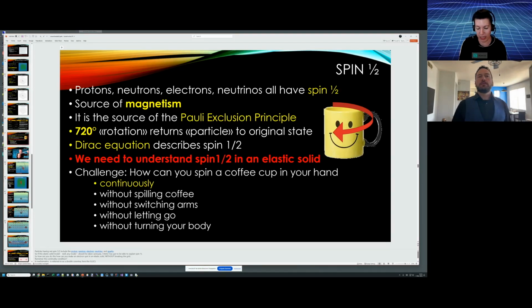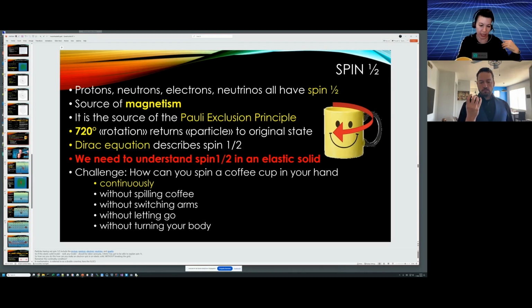So the question then is, how can you imagine we are inside the elastic solid? My arm is part of the elastic solid. The challenge is, how can we do something where this thing here, this cup, whatever it is, appears to rotate continuously? We can't spin it around. We can't flip it.